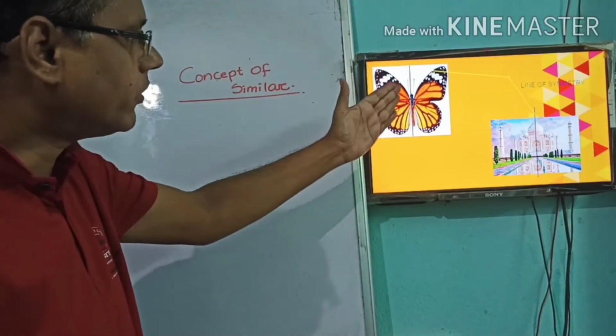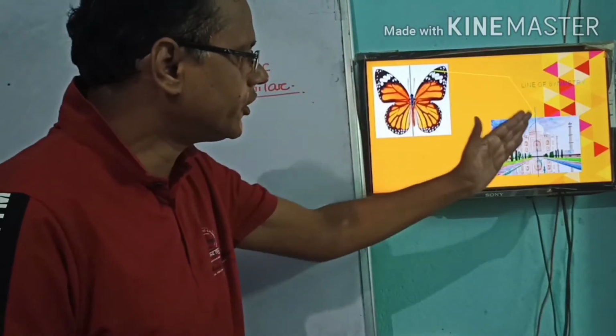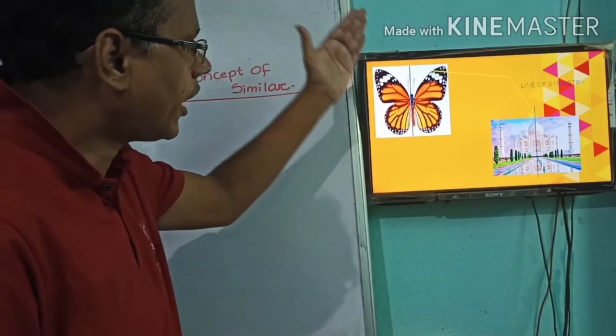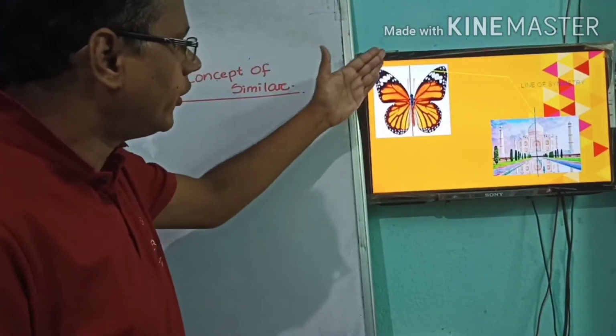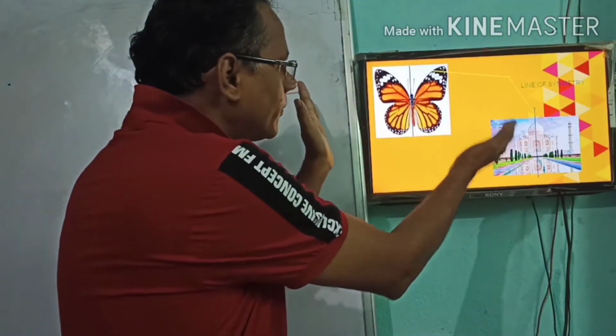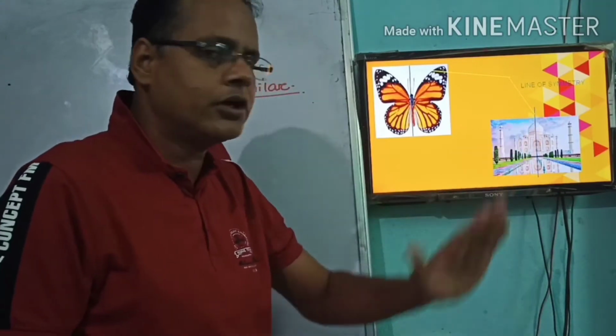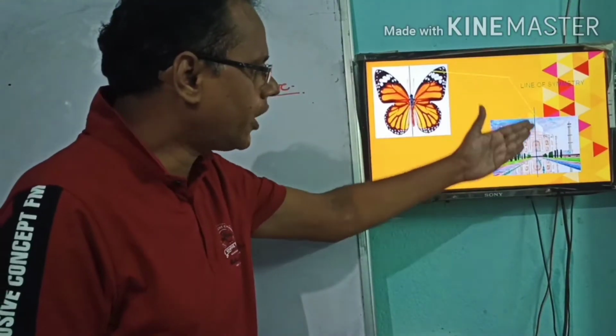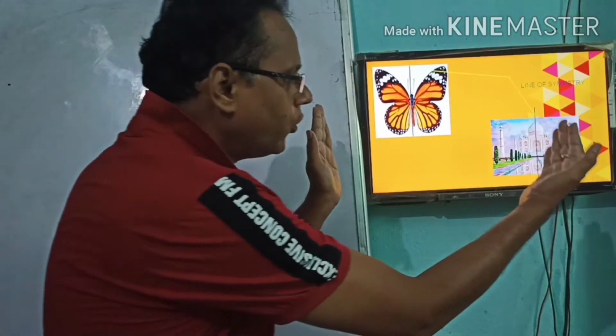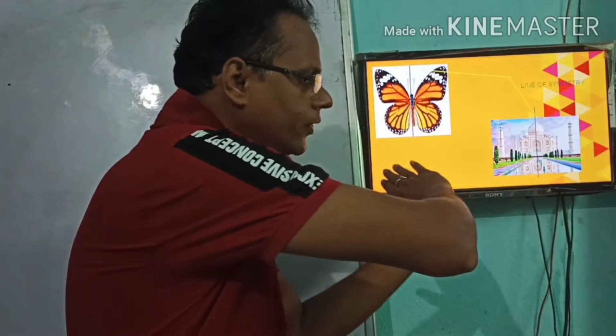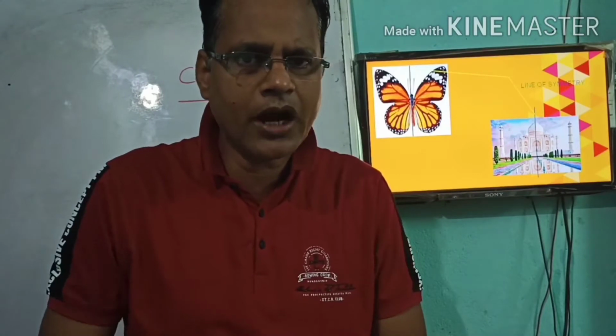As I was telling you, these are symmetrical objects. This is the line of symmetry. If we fold this butterfly, it will exactly match. And you see the structure of the Taj Mahal here. If this is the line of symmetry and you fold the Taj Mahal, then one part will completely overlap and match the second part.